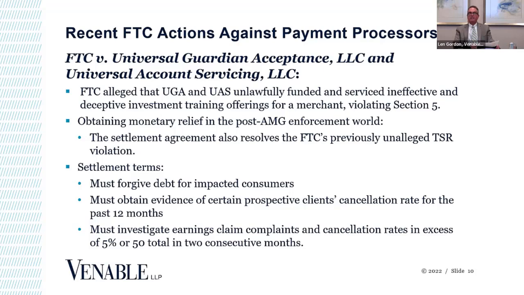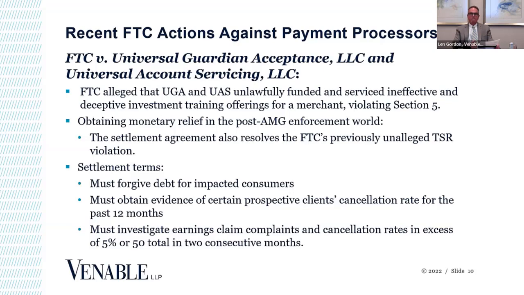And I suppose that's defended as it's not monetary relief, it's an order directing UGA as to how it must act in the future, more like an injunction regarding existing debt. Now, money's money, but that was sort of an imaginative way that the FTC got around its not being able to get equitable monetary relief as a result of the Supreme Court's decision in AMG.